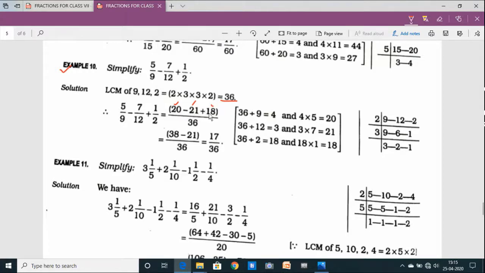Both are added and it becomes 38, 38 minus 21, here 17, and the answer is 17 by 36. This is the method to solve this question.